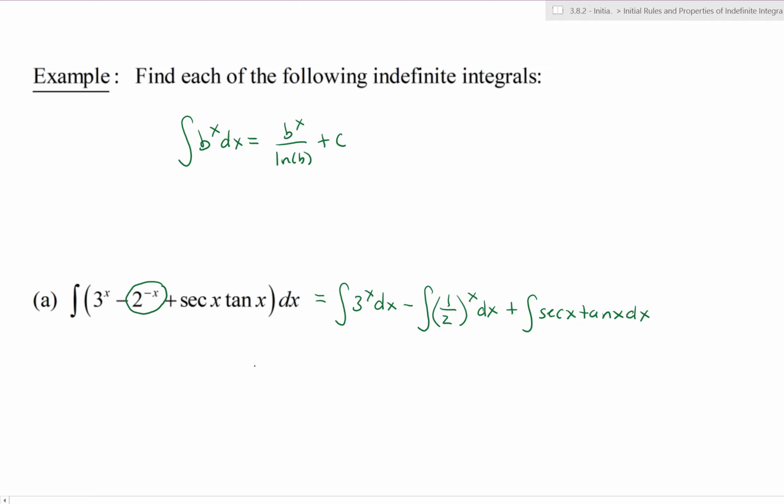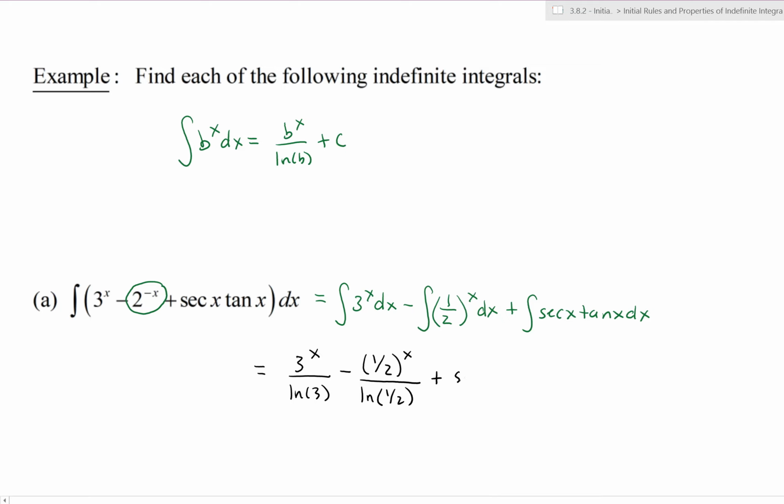Now we can apply that rule that we've just talked about. So the first integral of 3 to the x is going to be the function 3 to the x over the natural log of that base 3, minus that function 1/2 quantity to the x all over the natural log of 1/2. And then think, which function has a derivative that is secant of x times tangent of x?